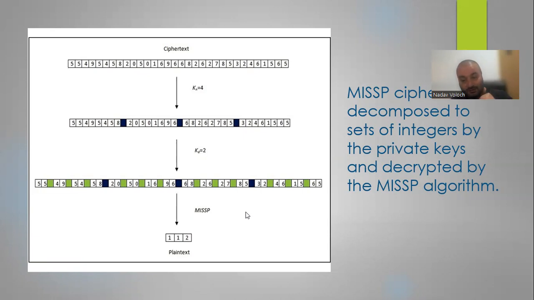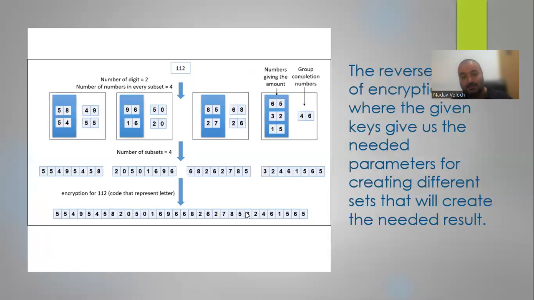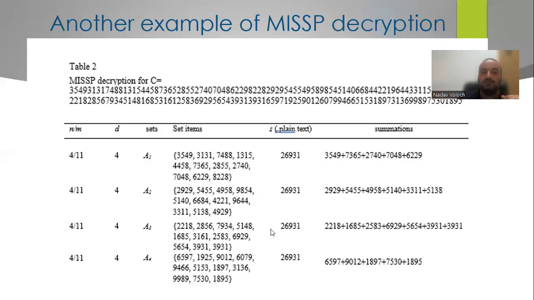If we want to see the reverse process of the same data, you can see here 112 is the actual plain text, and we have the number of digits and the number of sets, and we can see that we divide it from there, and we can create the encryption and get to this number. This is the reverse process of encryption.